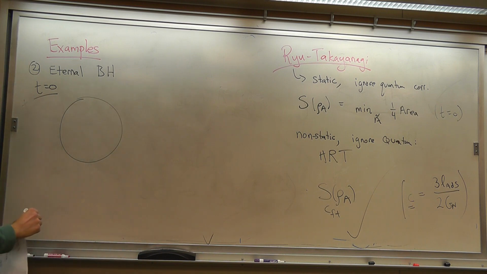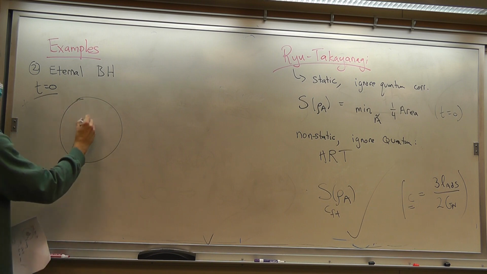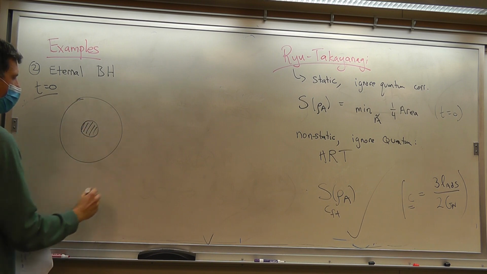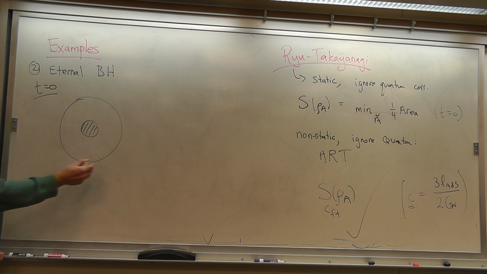What does a black hole look like? Well, I'm going to draw it this way, where the big circle is the AdS boundary. In hyperbolic space, you can either take the flat boundary or you can take the circular boundary. This one's a little easier to draw this way. So this is the AdS boundary, and then there's a black hole in the middle.